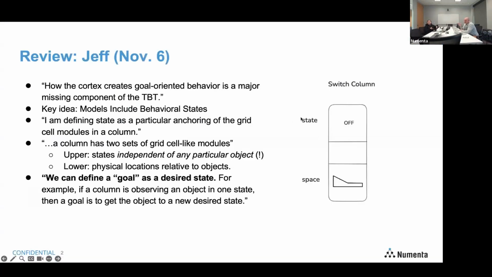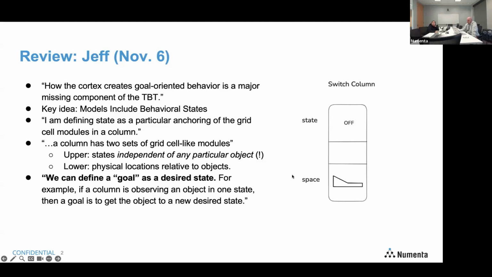Starting November 6th, so before this, Nils was talking about our various motor policies, and then we moved into this talk about goal-oriented behavior. Jeff says how the cortex creates goal-oriented behavior is a major missing component of TBT, and introduces this scheme where we've got upper layers of the cortex representing the state of an object, and the lower layers representing the space of an object.